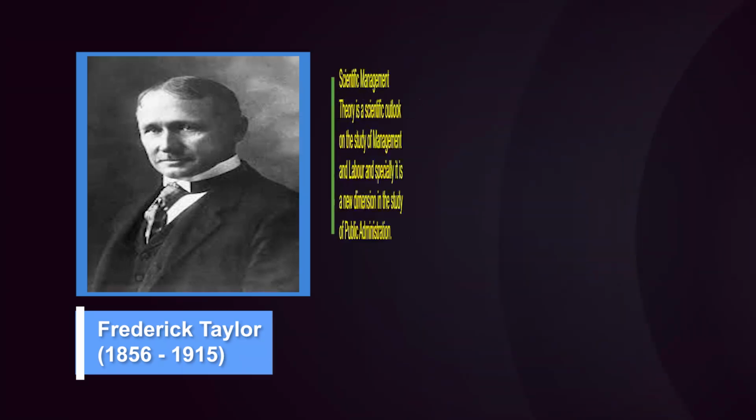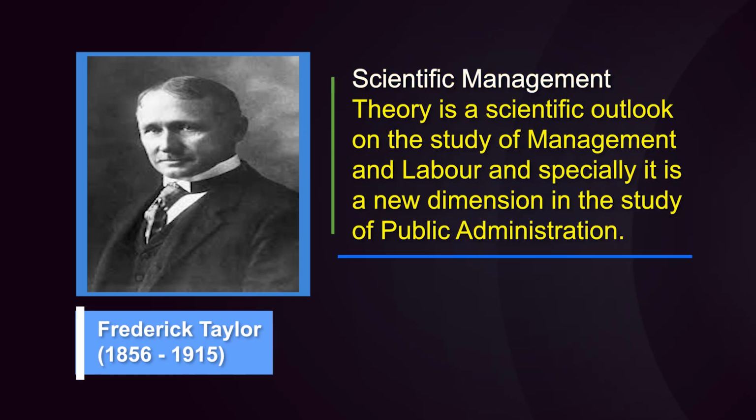What is this scientific management theory? Scientific management theory is a scientific outlook on the study of management and labor, and especially it's a new dimension in the study of public administration.